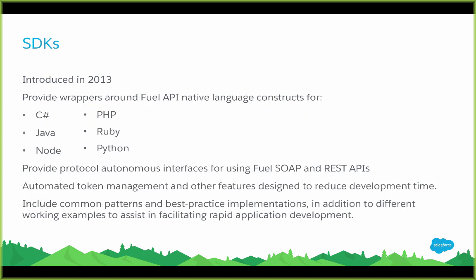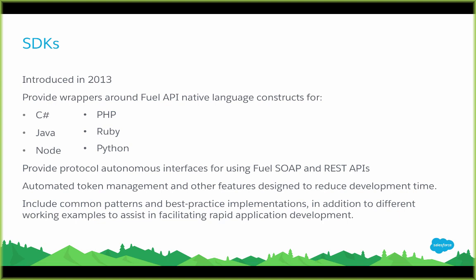In addition to the two APIs, there are a number of SDKs available for developers working with Marketing Cloud. The SDKs were launched in 2013, a year after the REST API, and they provide wrappers around the API methods and provide native language constructs for a number of web application frameworks, including C#, Java, Node, PHP, Ruby and Python.